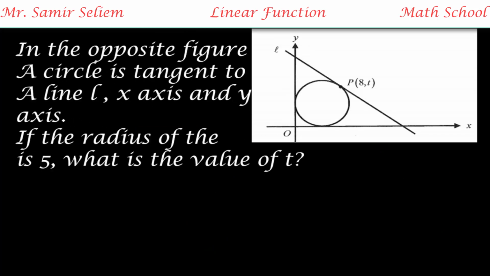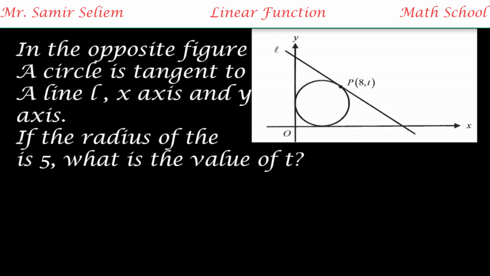We have here a figure. A circle is drawn, and this circle is tangent to line L, and the x-axis and y-axis, the two axes are tangent to the circle.